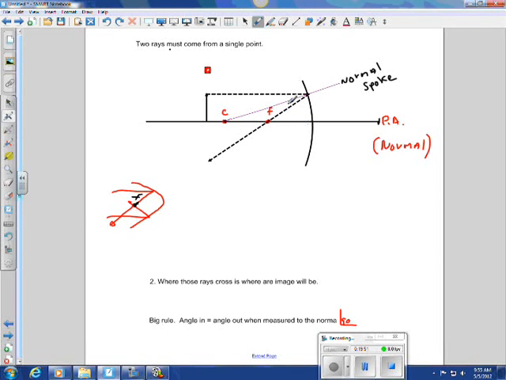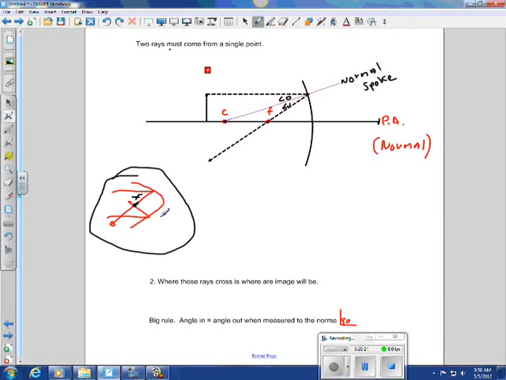But can you also see that coming from this point, this angle right here, angle I is going to equal angle O? Because it does. So even if you forgot this picture down here, that light rays coming in parallel bounce through the focal point, drawing the spoke from the center does the same thing.